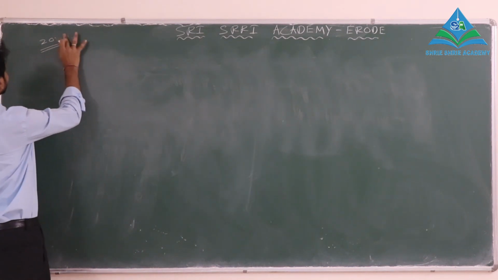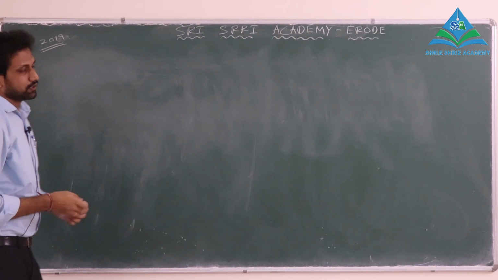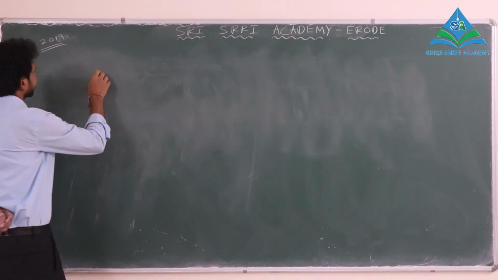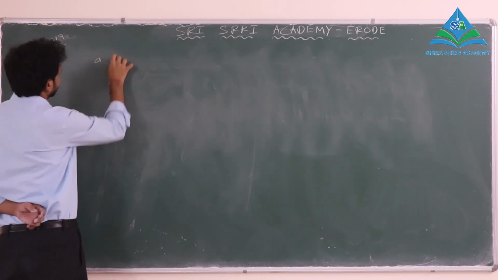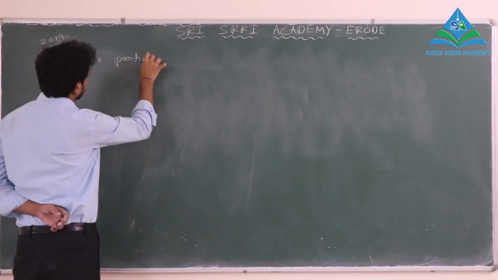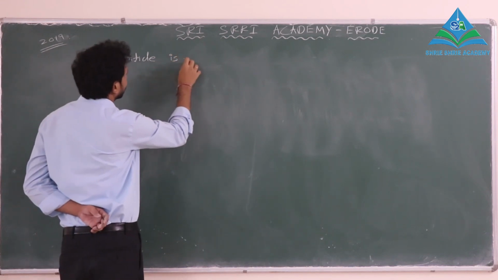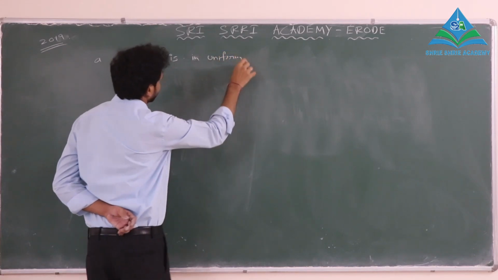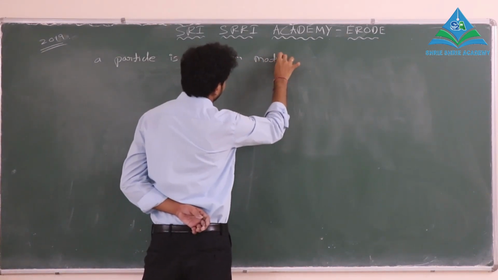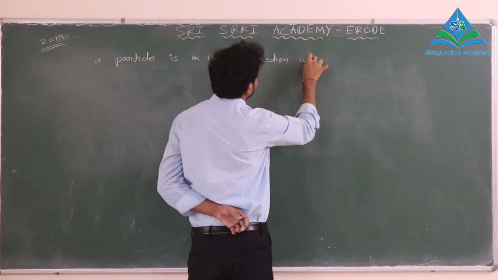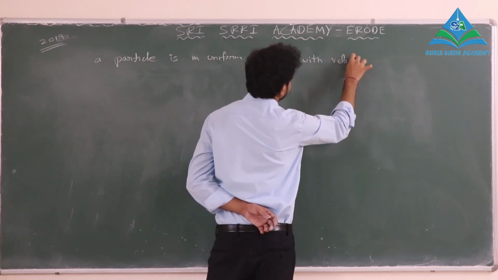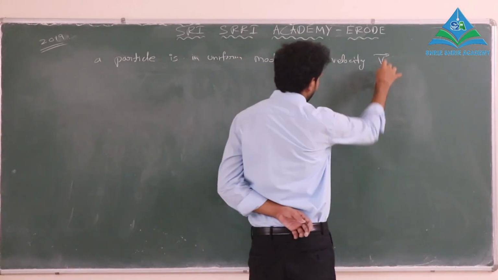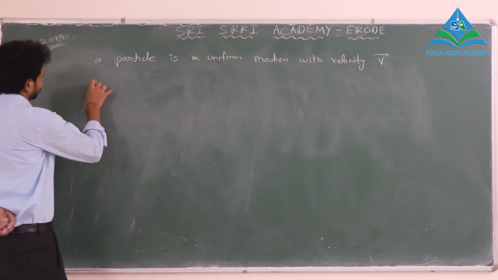Now, if you go to the 2019 paper, there was a question like: a particle is in uniform motion with velocity v1.